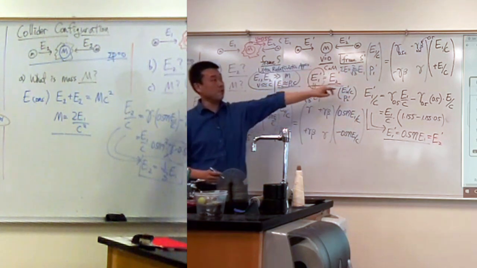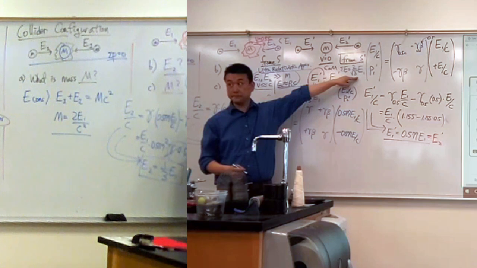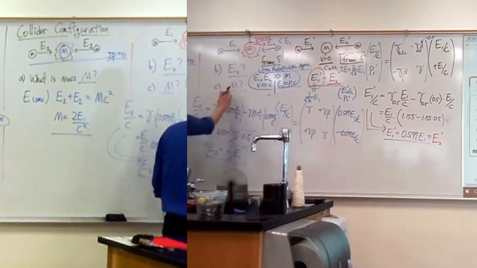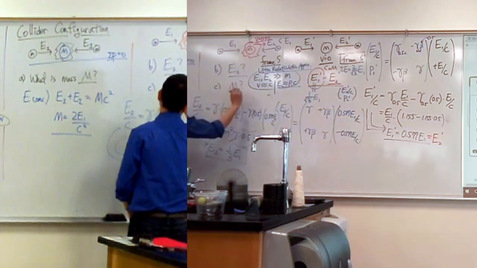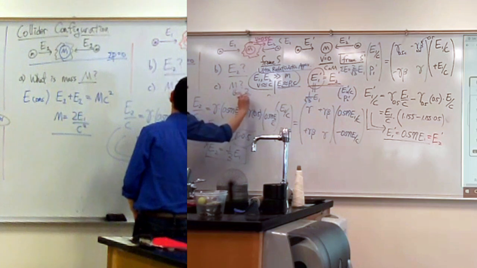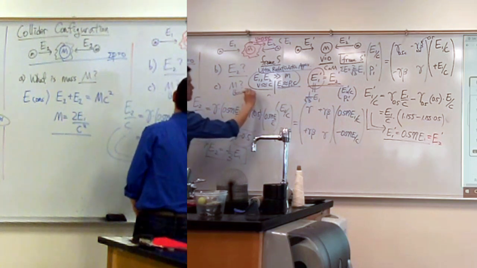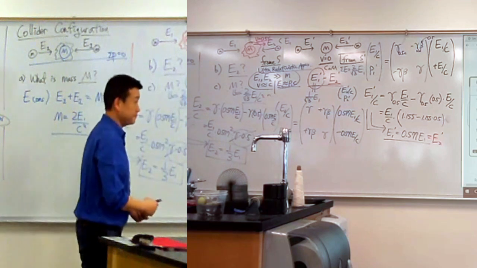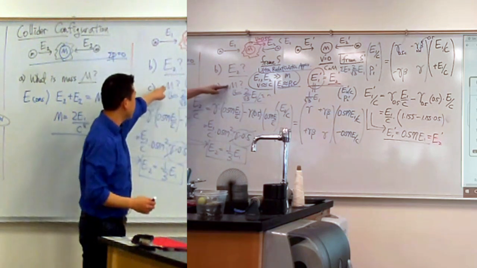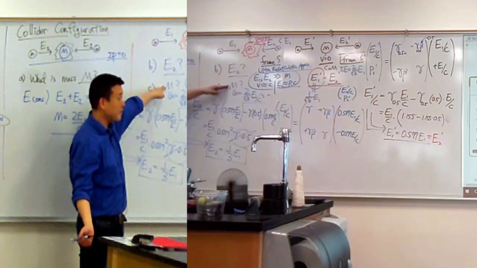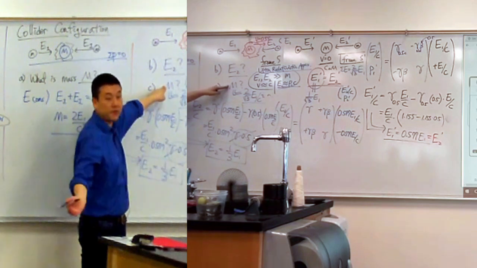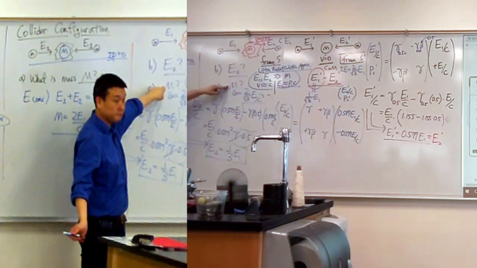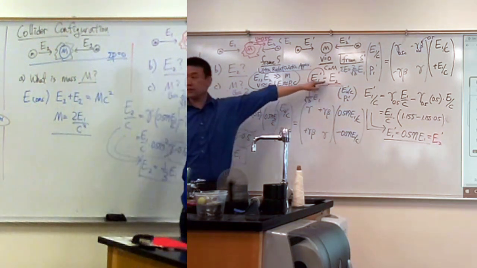And in the center of momentum frame, all this is rest energy. So this mass here must be 2/√3 E1 over C squared. And because this mass is a Lorentz invariant, you can calculate it in whatever reference frame is convenient for you. It's more convenient for me to do it here, so I do it there.